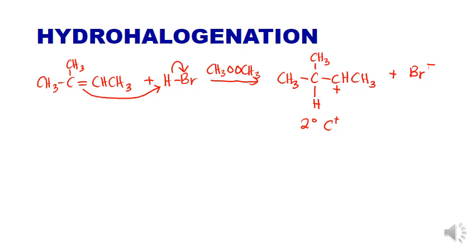If we look at the structure, it is possible to rearrange the position of the hydrogen atom to the carbocation, so we can produce a more stable carbocation, which is the tertiary carbocation. So we show the next step for the rearrangement, which involves changing the position of the hydrogen atom to the carbocation.